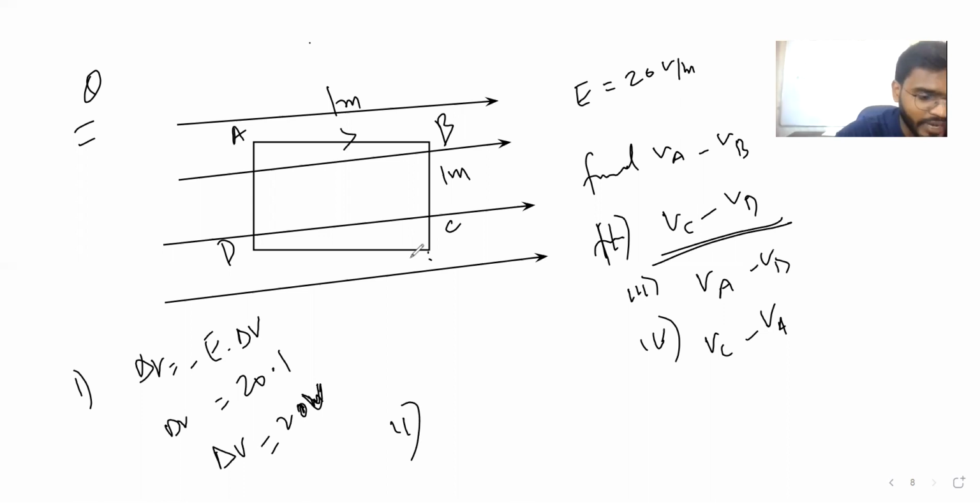So you'll have to write minus E dot delta R, and minus of that is equal to delta V. So E is how much here? 20. Okay. Now here is what? Cos. What is the angle? So angle is how much here? 180, right? So delta R is how much? 1.